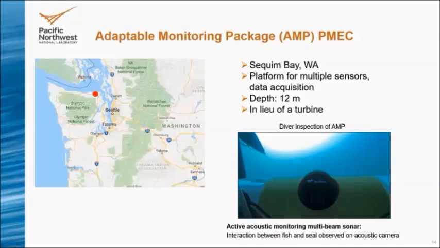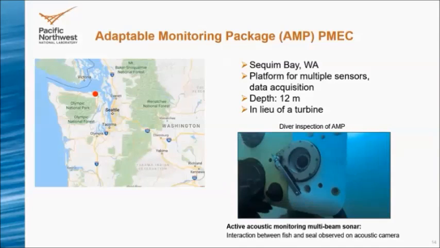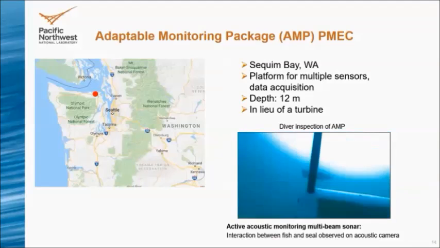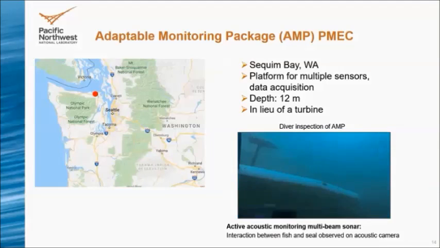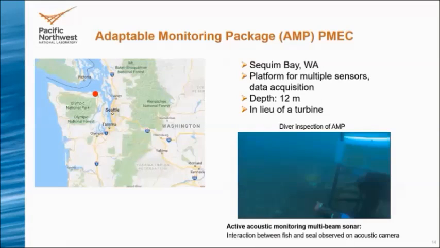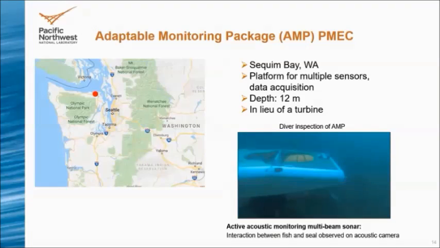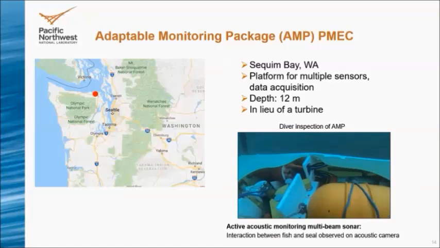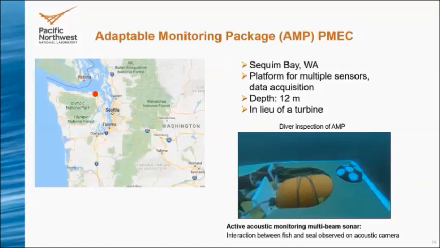This next example I'm going to show you is slightly different. It comes from the Adaptable Monitoring Package out of the University of Washington Pacific Marine Energy Center. And what you're seeing in this video here is the AMP, the Adaptable Monitoring Package, just to get an idea of what this looks like. This is the platform for multiple sensors to be able to monitor around a tidal turbine and see what's going on.